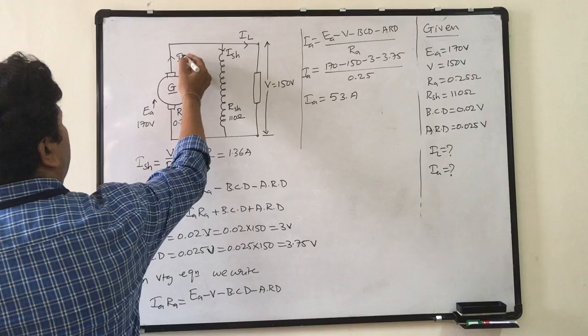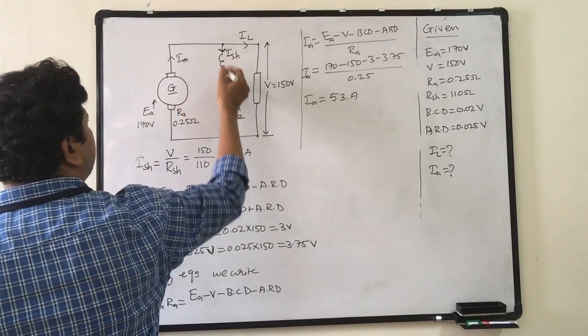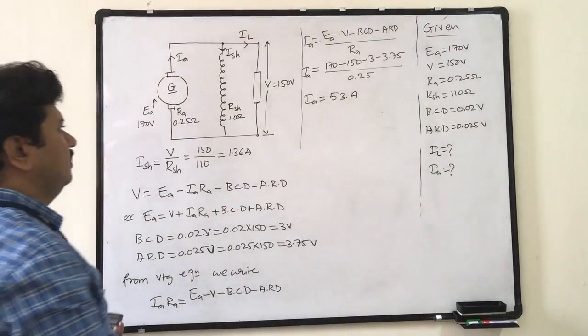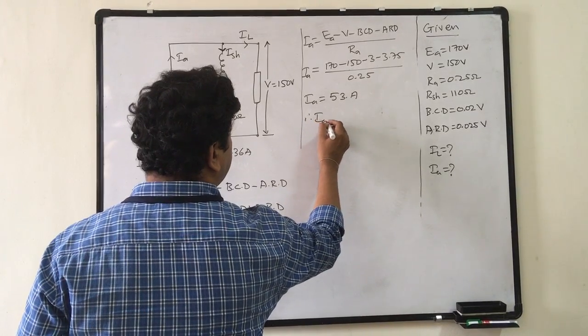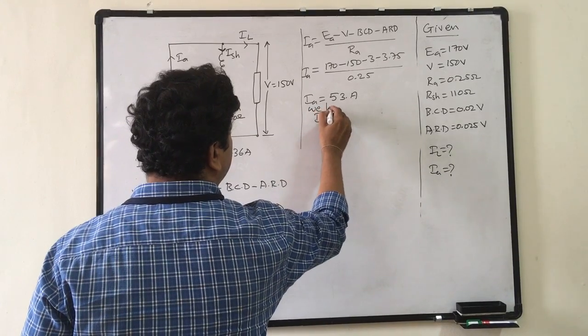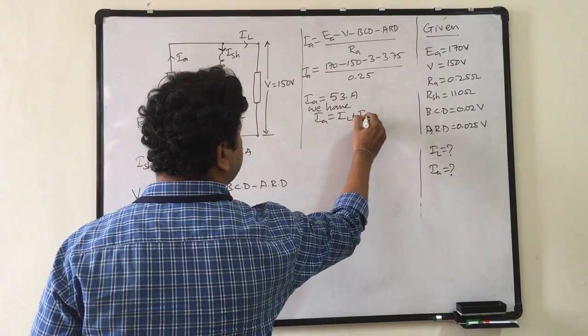You can observe IA is the total current coming out of the armature. Part of that current is going to the shunt field, the remaining is going to the load. Therefore, IA is equal to IL plus ISH.